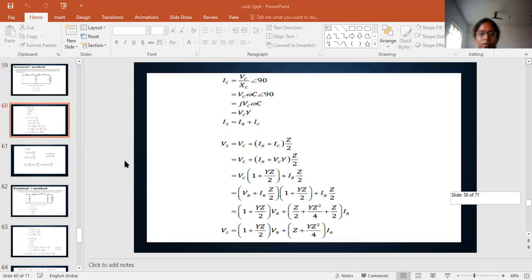We know that Ic is nothing but Vc into Y. Substitute here, in place of Ic, Vc into Y, into Z by 2.